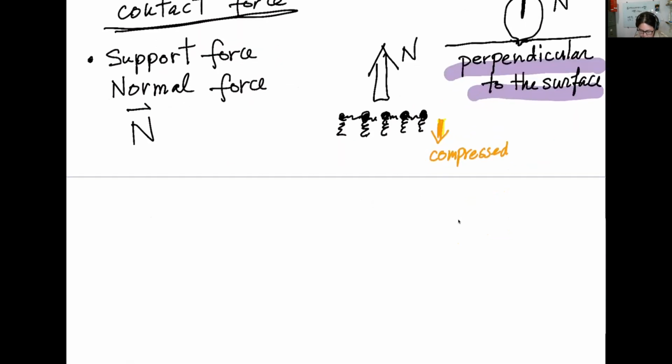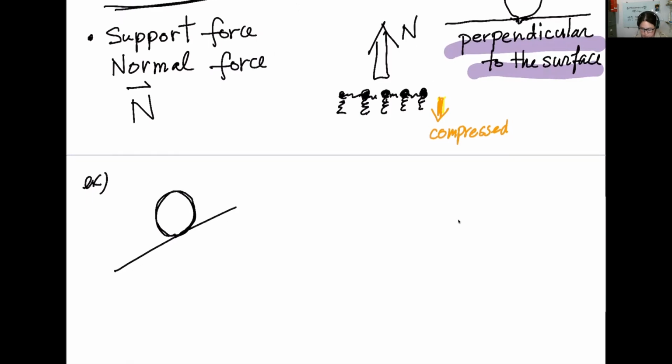How about a case like this example? Can you draw the normal force if this object is on an inclined surface, with some kind of angle? What would be the direction of the normal force? The direction should be perpendicular to the surface.